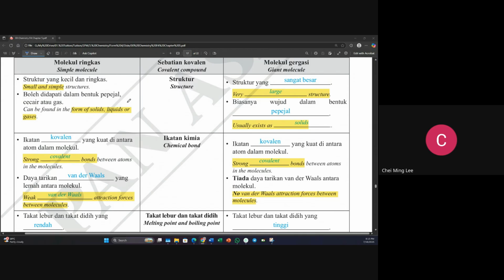Only when there are many of them, a gigantic structure like diamond, then you have a very strong force. Let me show you how it looks. We call it the grain structure.